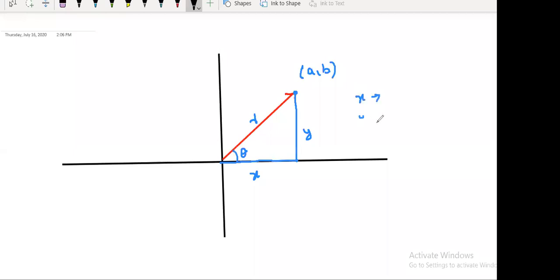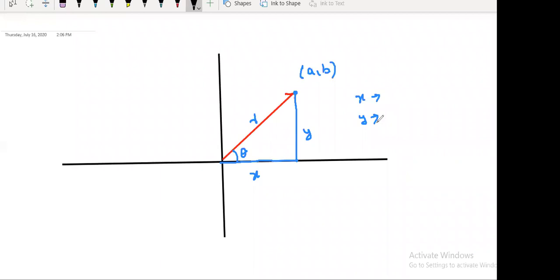What is your y component? Tell me. Very good. Yes, it means same.